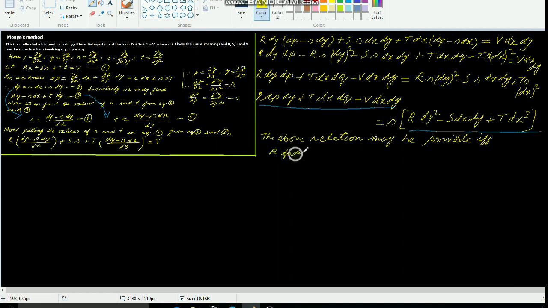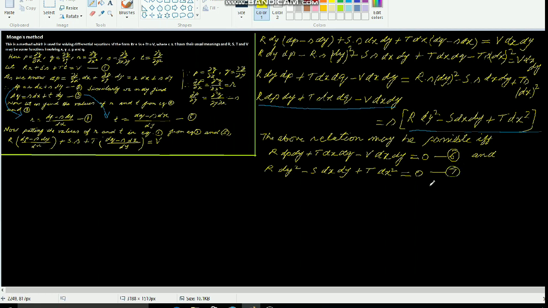So R dp dy plus T dx dq minus V dx dy is equal to 0. Let it be equation number 6. And R dy square minus S dx dy plus T dx square is equal to 0. Let it be equation number 7.